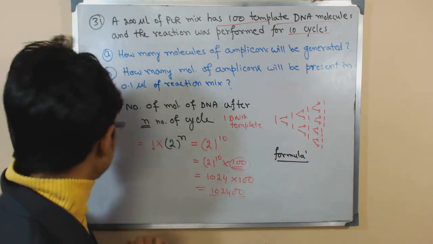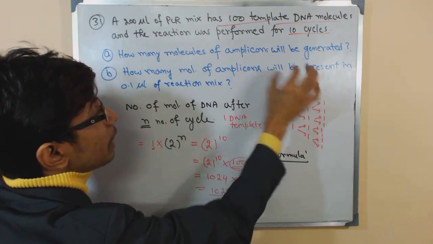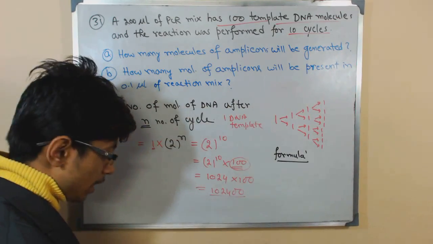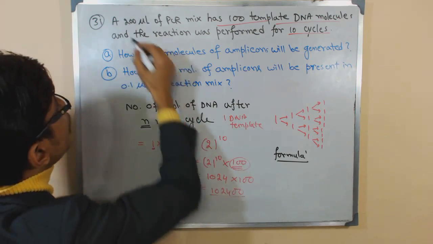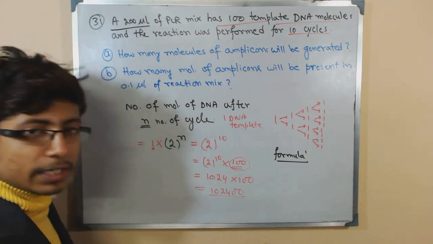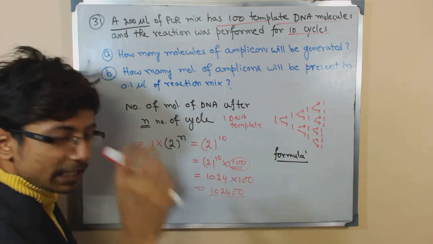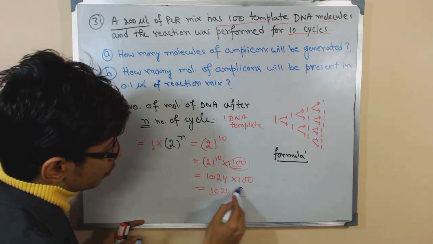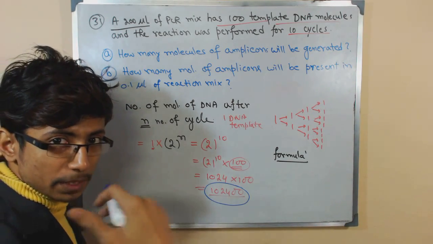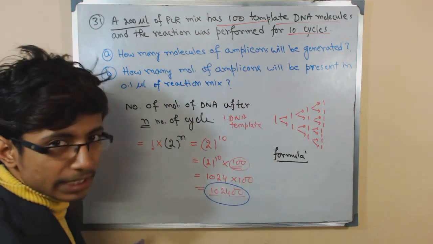Once we know this, the second question is how many molecules of amplicons will be present in 0.1 microliter of the reaction mix. For that, they have given the 200 microliter reaction mix. Whatever number of DNA is generated, here 102400, is the number of DNA molecules produced after 10 cycles, starting with 100 DNA templates.